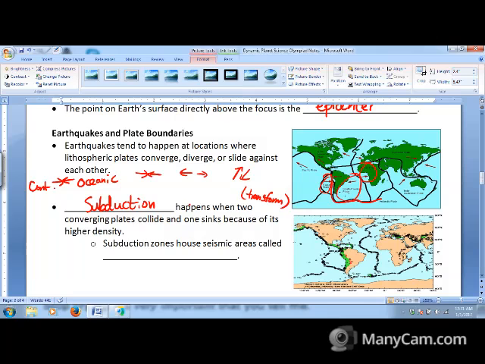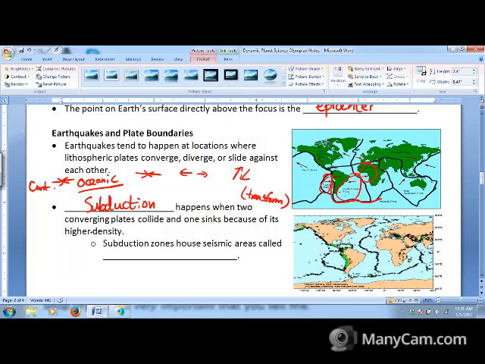Well, you just look for the denser one. If you remember from chapter 1, continental crust is mostly granitic, which means mostly made of granite, about 2.7 grams per cubic centimeter. Oceanic crust, the rocks that make up this crust are gabbro and basalt. That has a density of about 3.0 grams per cubic centimeter. So because oceanic crust is more dense, it's going to go underneath.